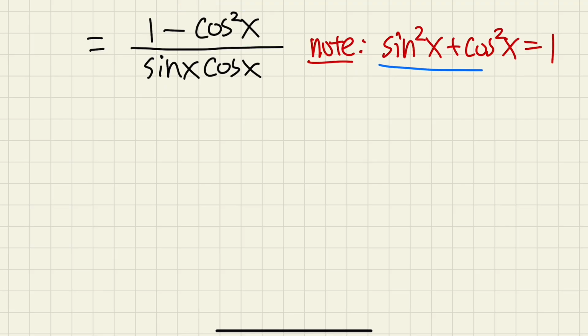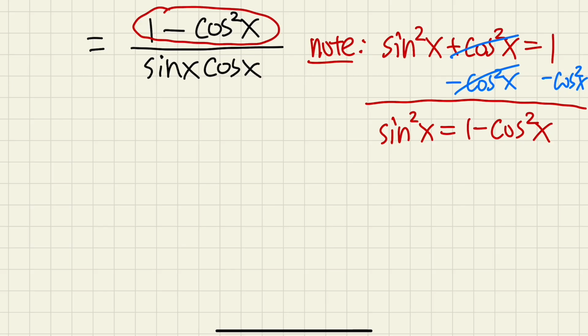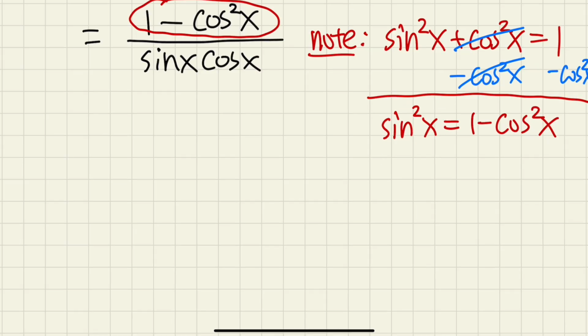So if you look at this equation here and subtract cosine squared from both sides, then you can see on the left hand side we get sine square x. And that's equal to 1 minus cosine squared. And that's exactly what we have on the top right here. We can put that as sine square x.